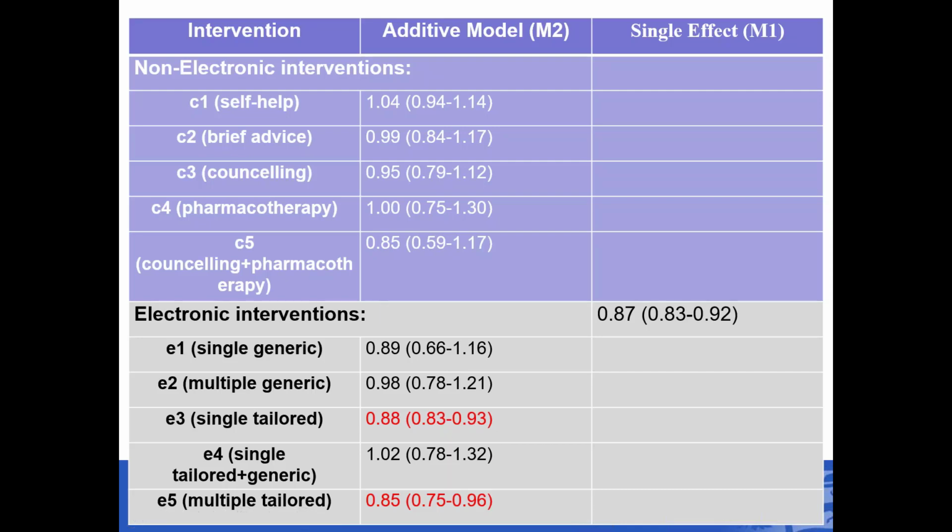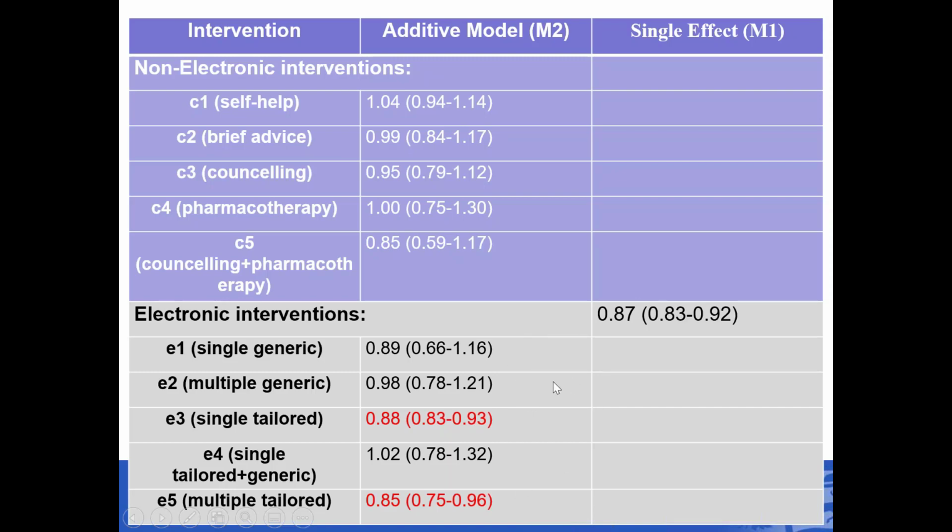If we look at the different individual bits of the components, we see that, if an effect of 1 is no effect and values less than 1 are positive effects, showing that it's effective, then the interventions that have single tailored components or multiple tailored components seem to be the effective components of interventions, whereas there isn't any evidence particularly that the non-tailored, the generic components are important.